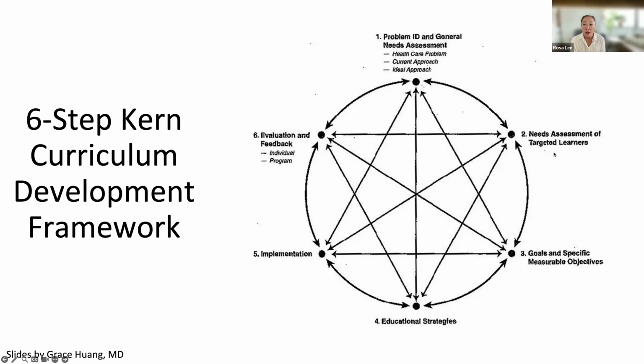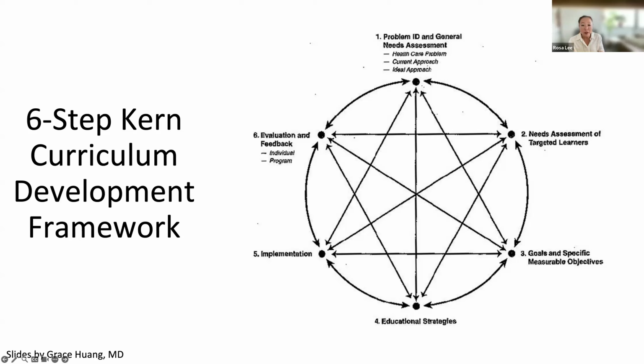And then doing a targeted needs assessment with your learners. So again, thinking about who is your target audience, who are you developing this curriculum for, and what do they need specifically with regards to this larger health problem that you're trying to address. The third step in the Kern model is then to articulate specific goals and specific measurable objectives. And we'll spend some more time talking about how to develop those objectives.